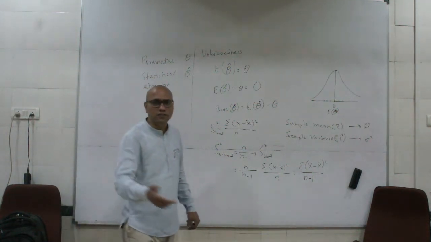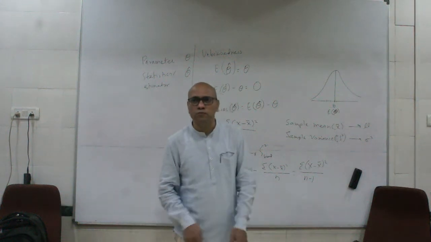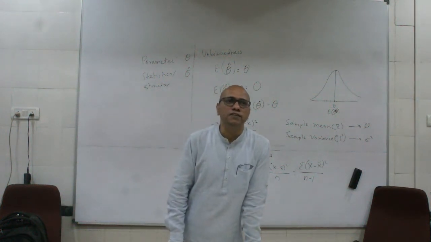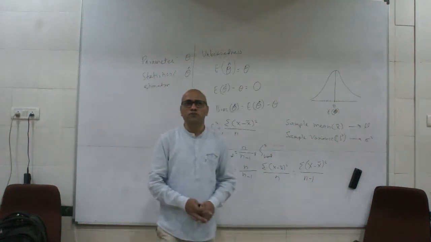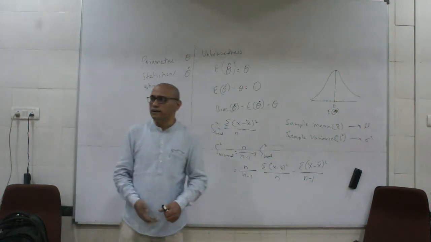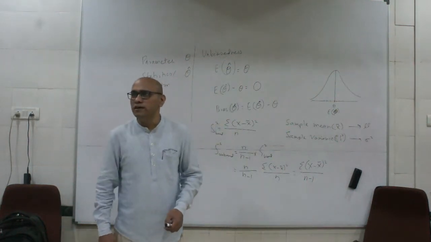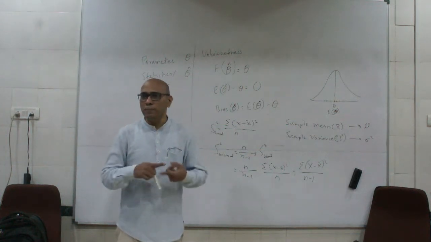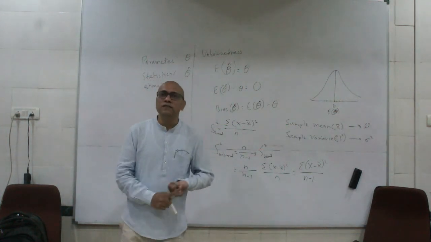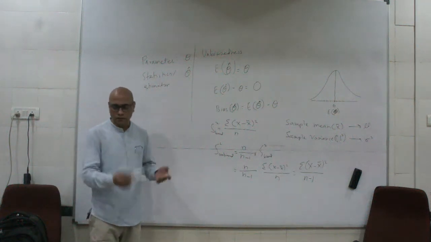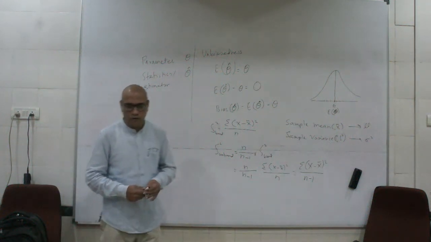When we discuss analysis of variance, perhaps we shall discuss this in detail. While even discussing t-tests, we shall discuss the distribution of sample mean and the distribution of sample variance, biased, unbiased, in detail. Okay.